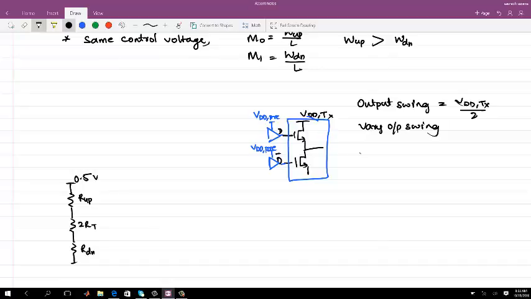Now I say that I want a 0.4 volt peak to peak differential swing. Right now this is 0.375, 0.125, and the total swing is 0.25 volt plus minus. Now if I want a plus minus 0.2 volt output swing, the easiest way is to change this to 0.4 volt.